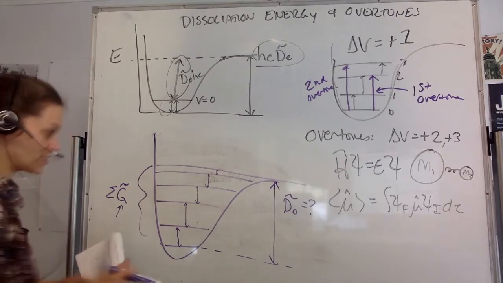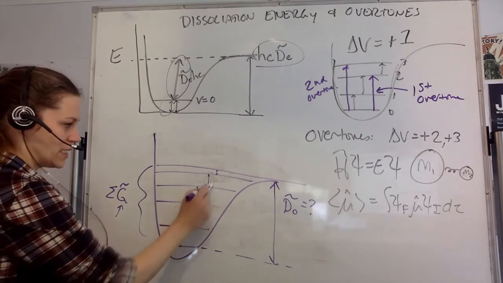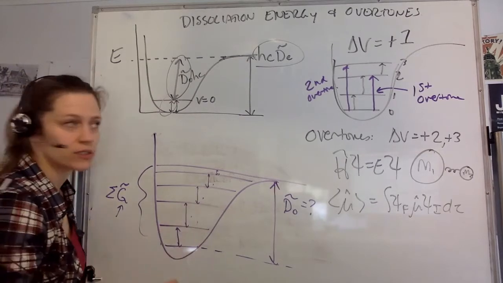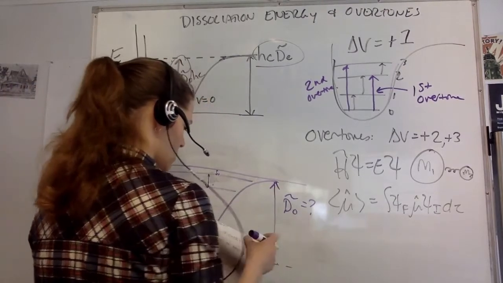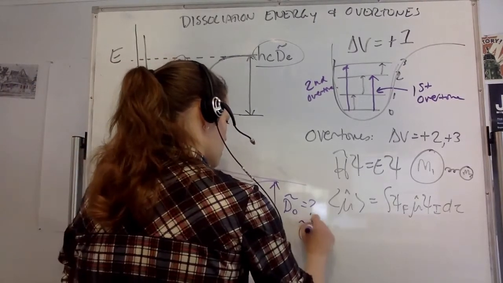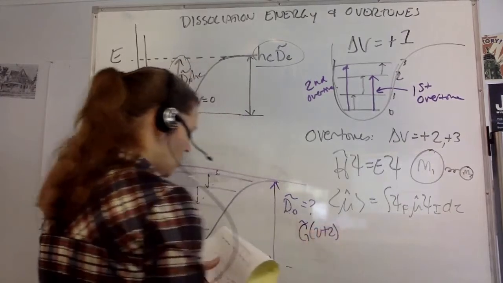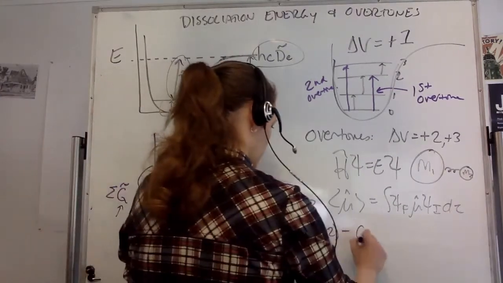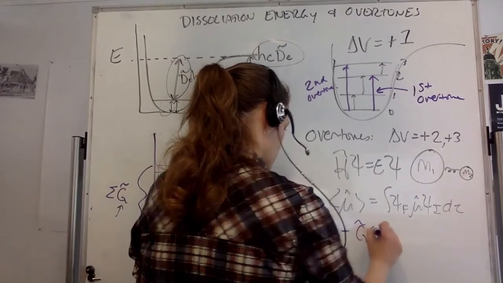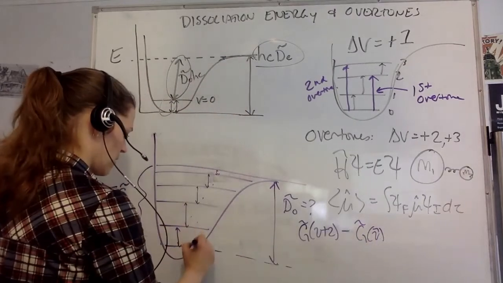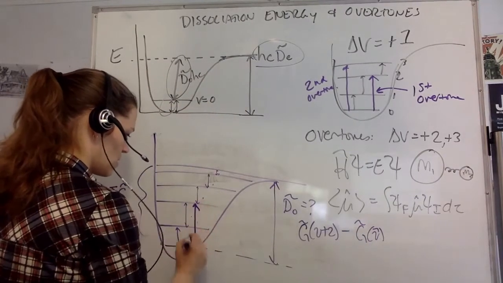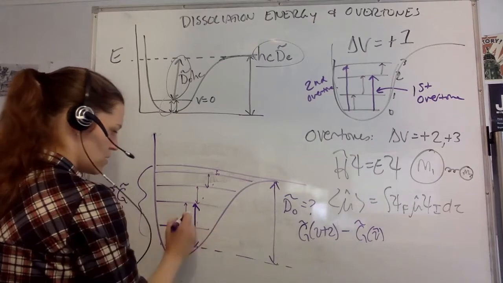But getting these numbers isn't the easiest thing to do, so you'd have to look at the overtones. You can say that G of V plus 2, which would be your first overtone, minus your, so basically this one minus this gives you that.